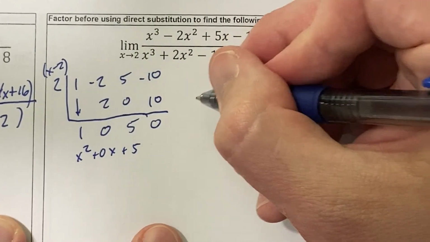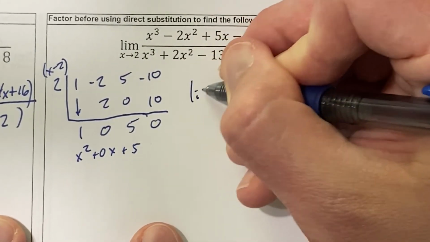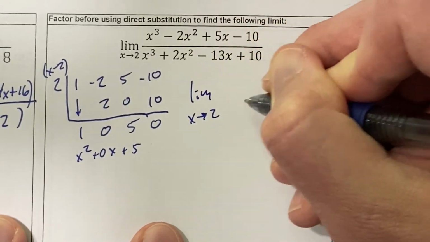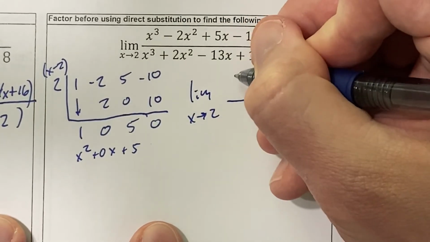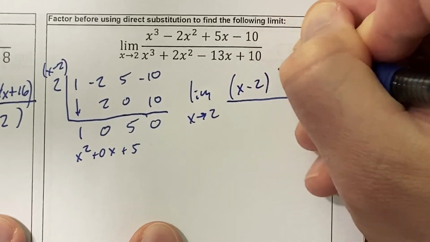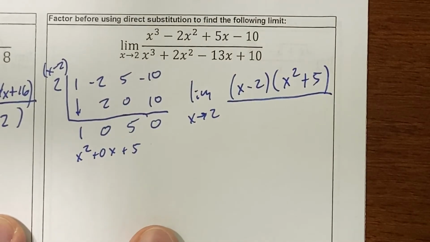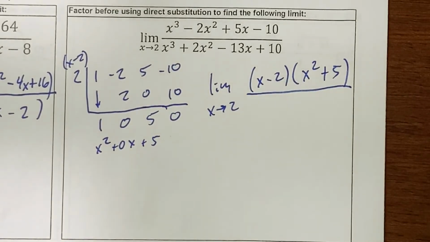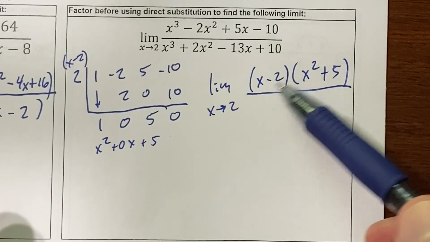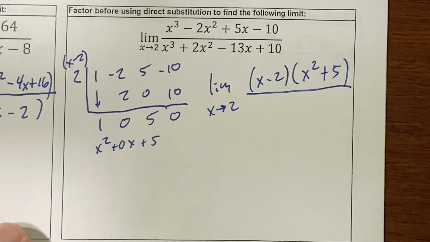Sweet. All right, so up top, we've got now the limit as x approaches 2. Up top, we can write it as x minus 2 times x squared plus 5. Please, dear Lord, let x minus 2 work on the bottom.